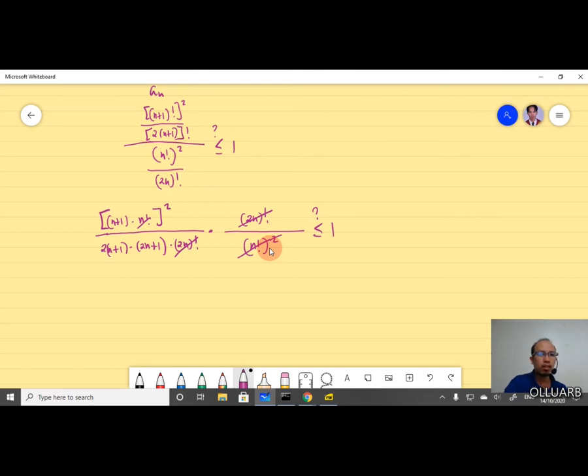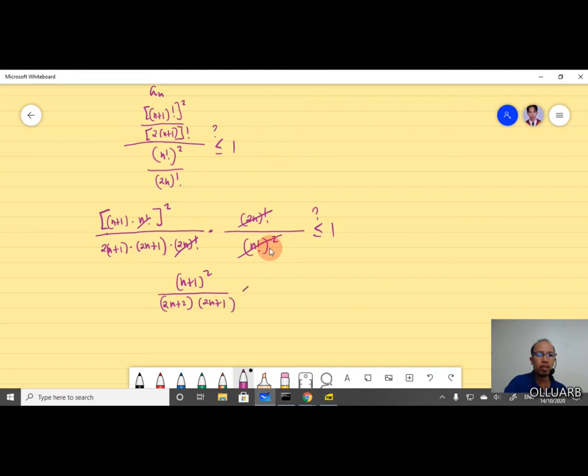So what remains in the numerator is n plus 1 squared over 2n quantity 2n plus 2 and quantity 2n plus 1.